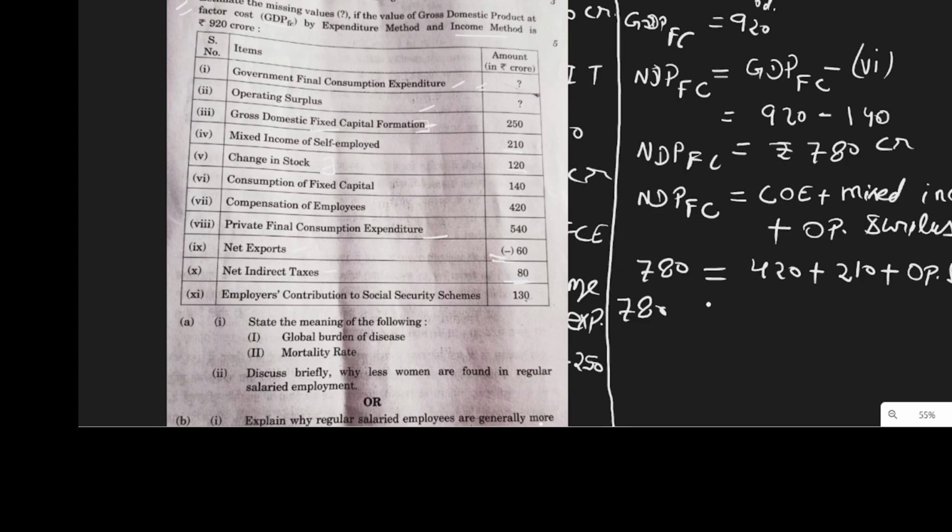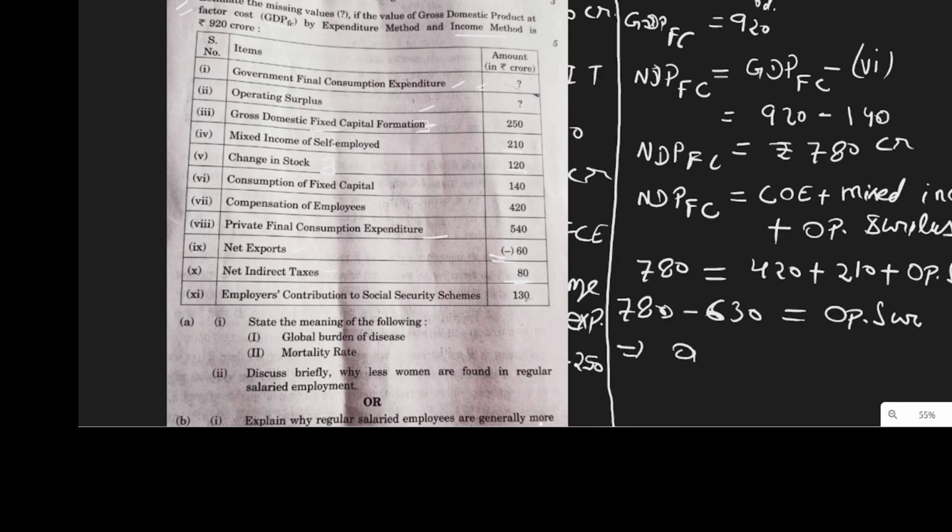These two when added give us 630. 780 minus 630 is equal to operating surplus. Finally, operating surplus equal to, the difference is 150 rupees, 150 crore. So both answers are the same.